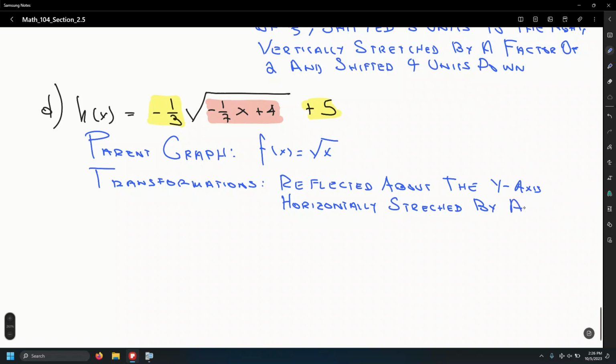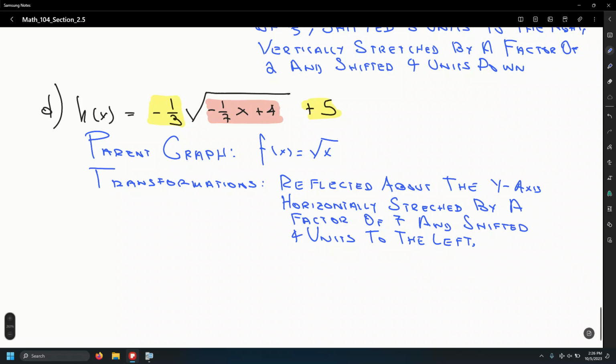By a factor of 7. And what about that plus 4? What is that going to do? Shifted 4 units to the left. All right, we're done with the x transformation.